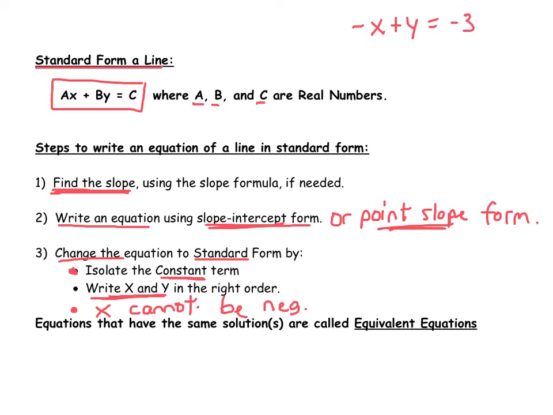This is in standard form because you have an X, you have a Y, and then you have a constant on the other side of the equal sign. But X cannot be negative. So what you would do is change the negative to a positive X, and if you change one to the opposite sign, that means you'd have to change the Y to negative, the opposite, and you'd have to change the -3 to a +3. So you cannot allow the X to stay negative. You have to change it.